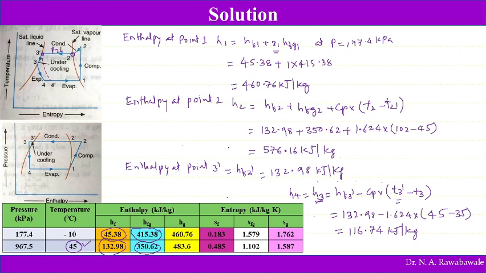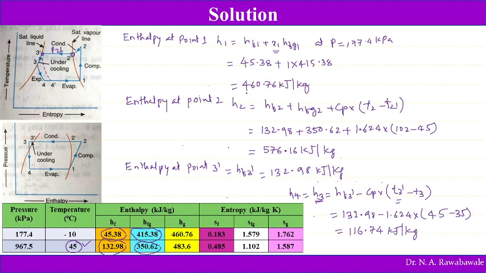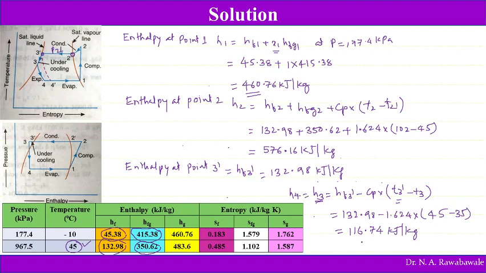So we know H1, we know H2, and we know H4. From that, the refrigerating effect can be obtained. That is nothing but H1 minus H4. The value of H1 is 460.76, and H4 we just calculated as 116.74.